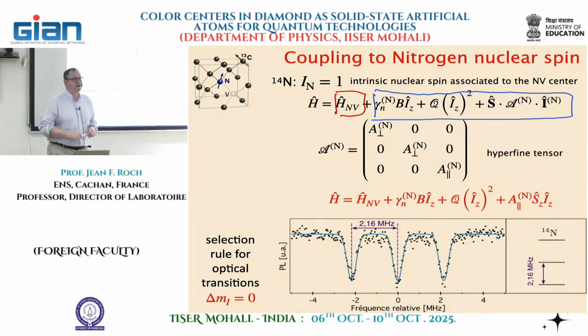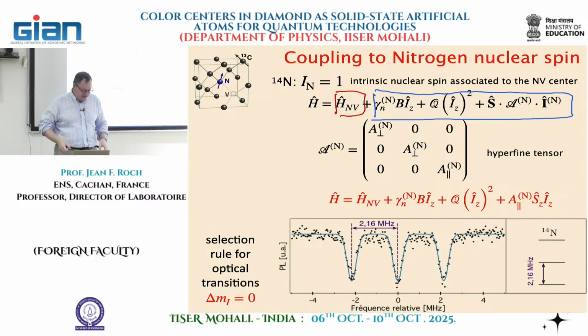So now you have to go into the details of that. In the case of the NV, with the coupling with the nitrogen atom, the NV electronic cloud can be very close to the nuclei of the nitrogen impurity.